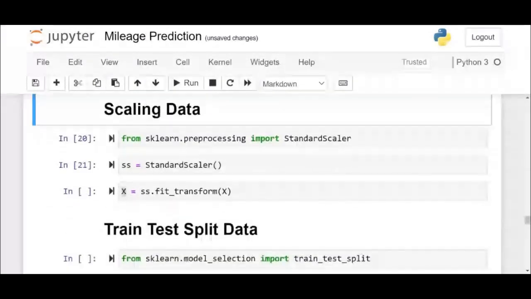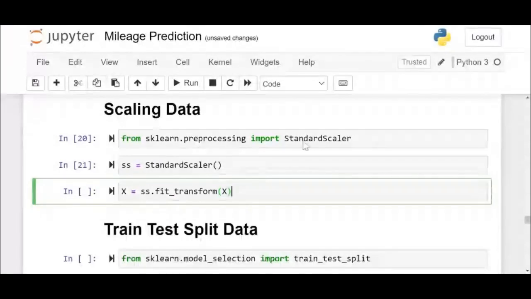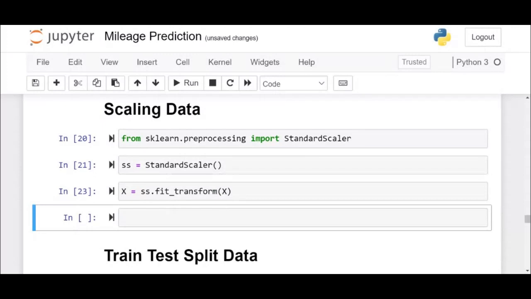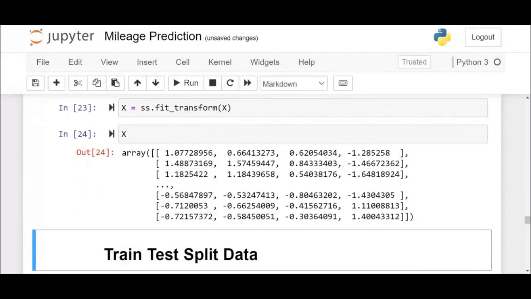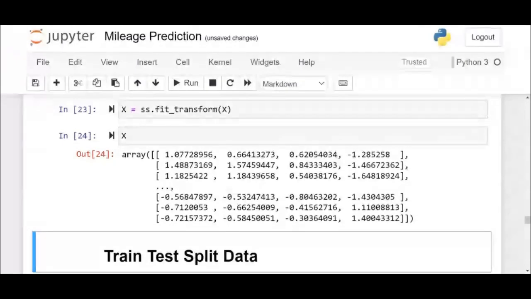After doing the scaling, my features have now been rescaled to mean 0 and standard deviation 1.